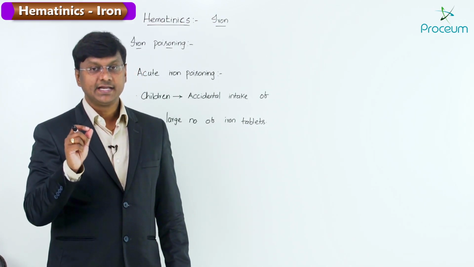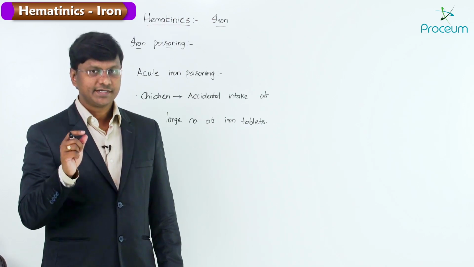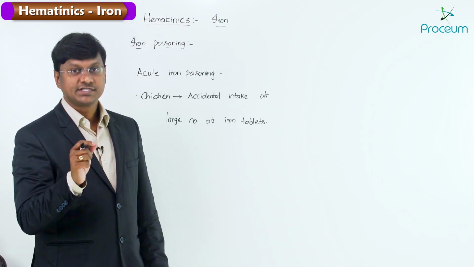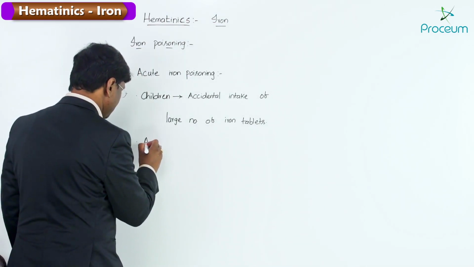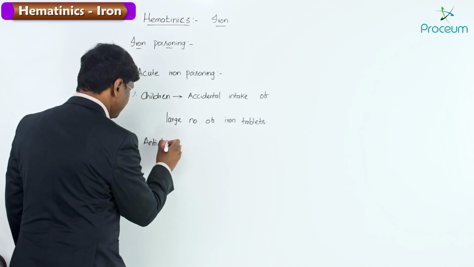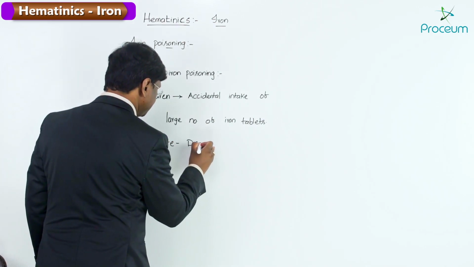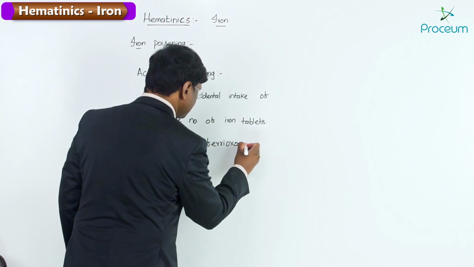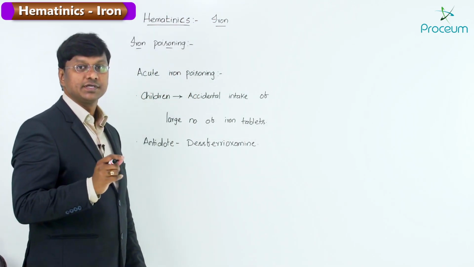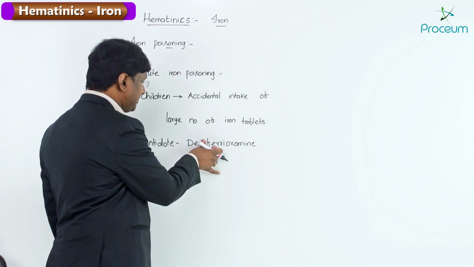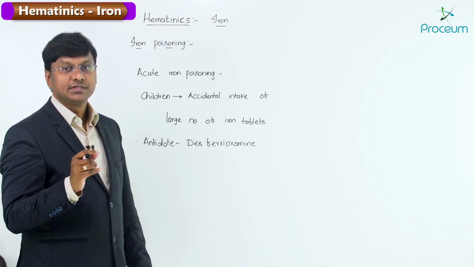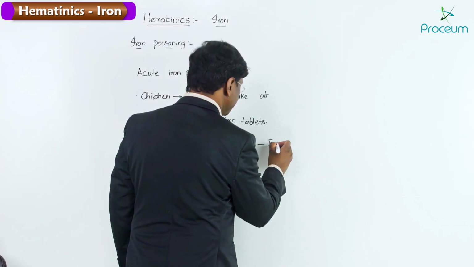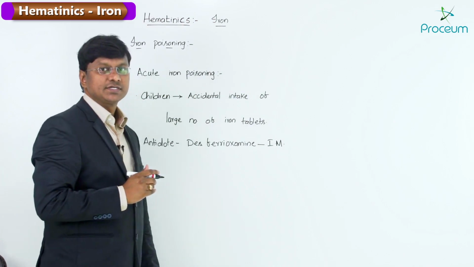Now, what exactly is the antidote of acute iron poisoning? This is a very important multiple choice question. The antidote of acute iron poisoning is desferrioxamine. The route of administration of desferrioxamine is intramuscular, that is intramuscular injection.